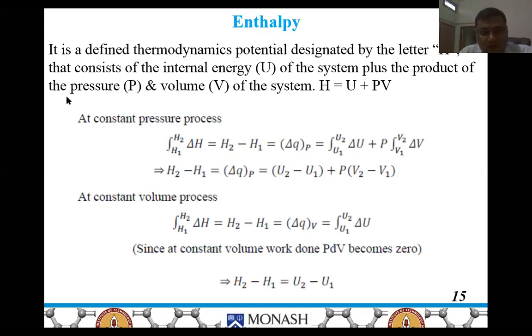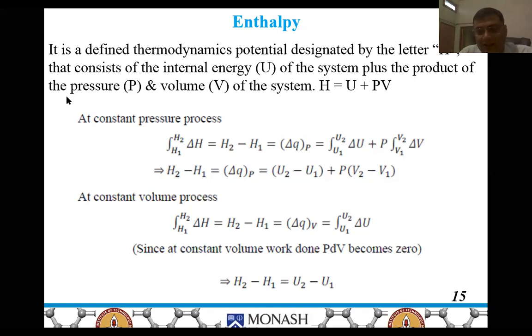Now, if we are moving from state 1 to state 2 at constant pressure, the integration of delta H from H1 to H2 will be H2 minus H1, which is equal to delta Q at constant pressure. Since H is U plus PV, this is the integration of delta U from U1 to U2 plus P times the integration of delta V from V1 to V2.